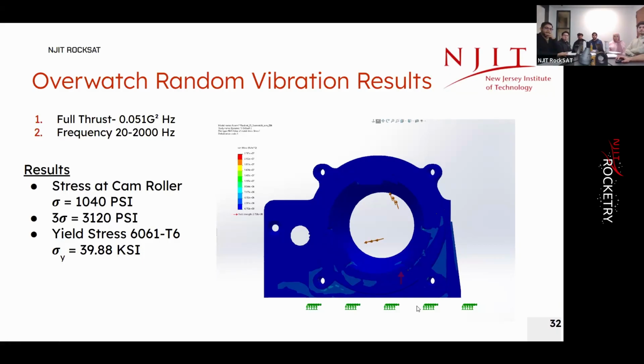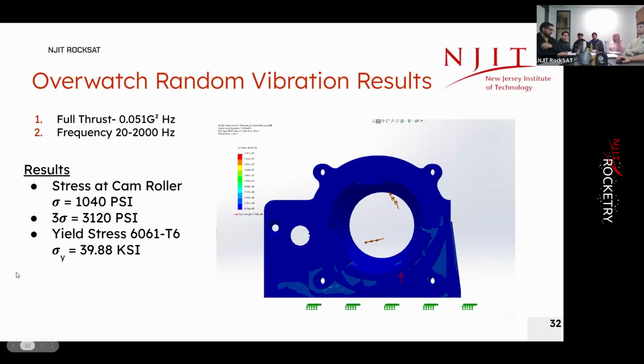An area that stood out to us was in the little corner, if you could see it, a small roller for the cam. Looking at the von Mises stresses, we see that it's 1000 PSI. We did a 3 sigma on that, just so we could see how much of a difference there is if we increase the stress and compare it to our yield stress.